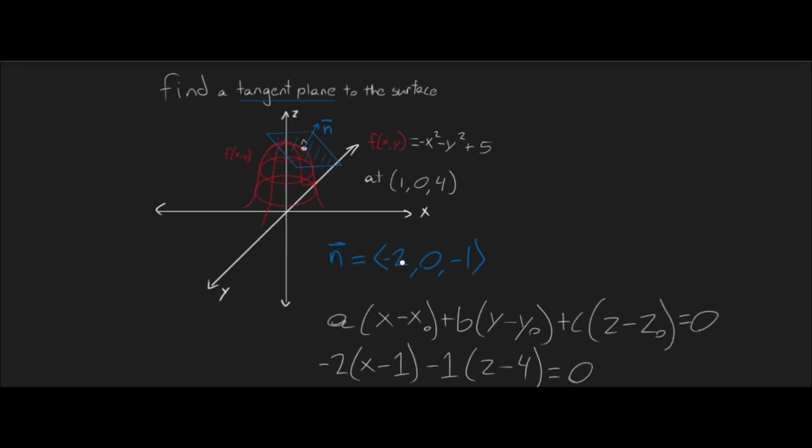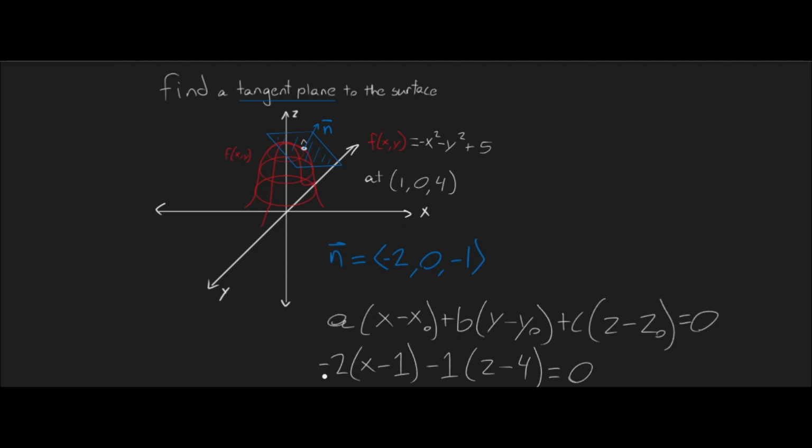So now we have our normal vector, negative 2 comma 0 comma negative 1. And also remember that the equation for a plane is a times x minus x0 plus b times y minus y0 plus c times z minus z0 equals 0, where a, b, and c are the components of the normal vector, and x0, y0, and z0 are our point.